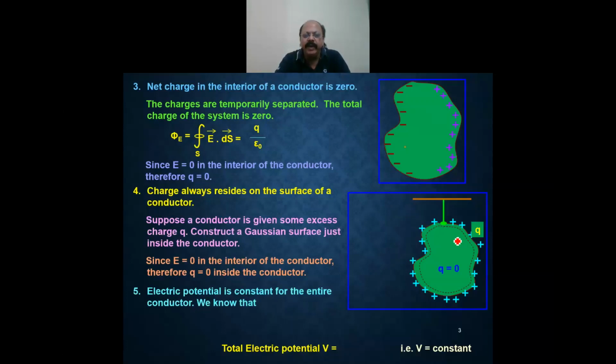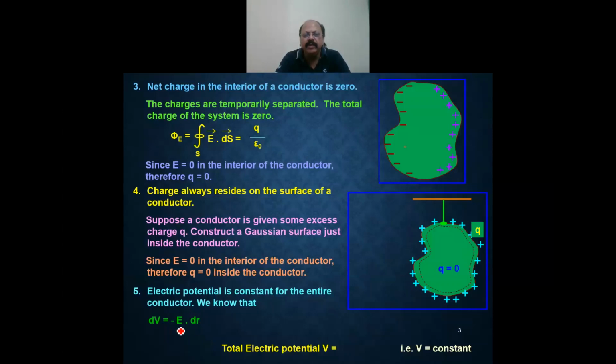Now the fifth property: electric potential throughout the conductor remains constant. For that purpose, we take a formula you have already studied, dV equals minus E dr. That is the relation between electric potential and electric field. From here, E equals 0.